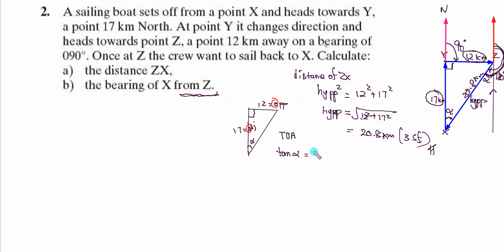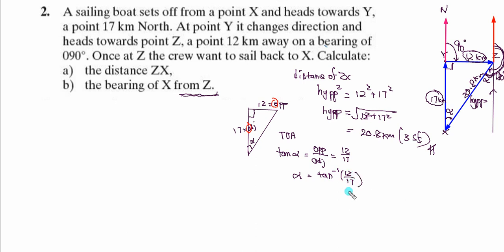The middle alphabet is the numerator, O for opposite, over the third alphabet, A, the adjacent. Now opposite will be 12, adjacent will be 17. To find the angle, alpha equals arc tangent of 12 over 17.